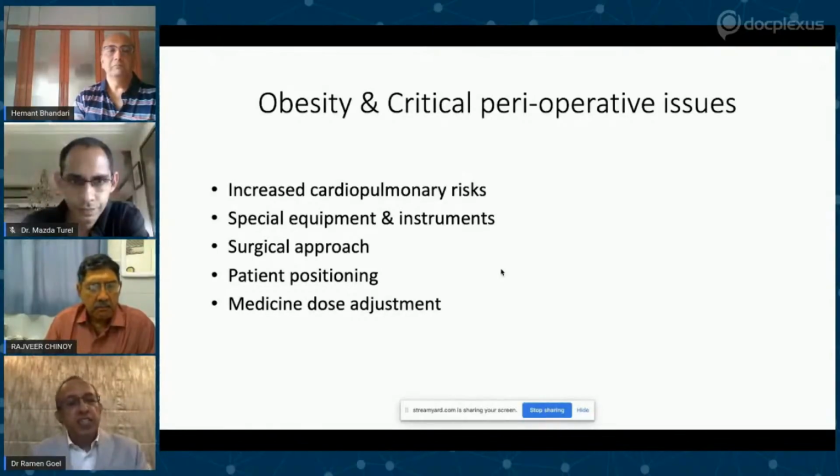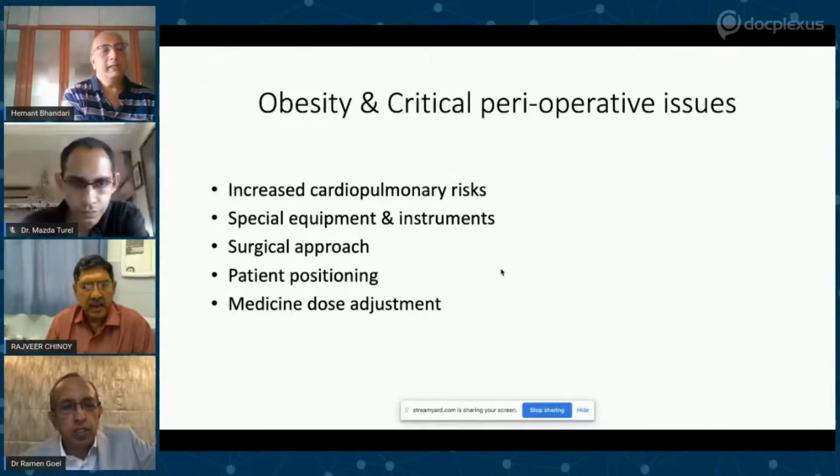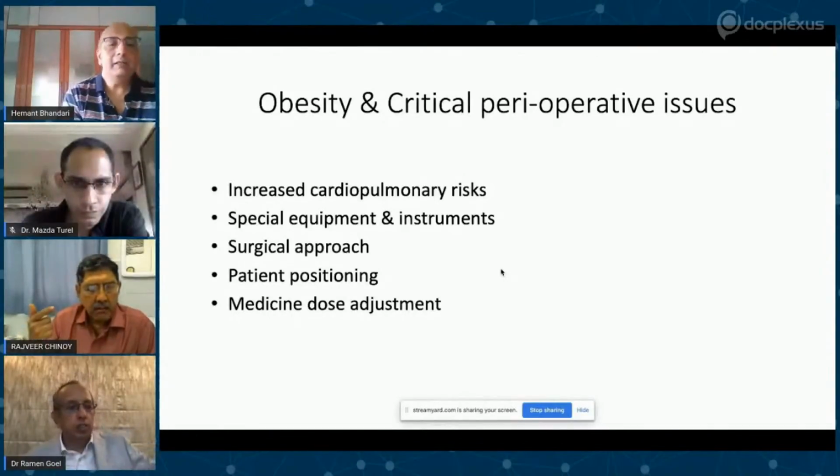And in India, on average, in good hands, what would be the hospital stay for knee replacement? The tendency is 3 to 5 days now. I think Hemant would also go with about the same sort of timing. 3 to 5, and again, patient factors also. Remember, all these patients should be counseled.